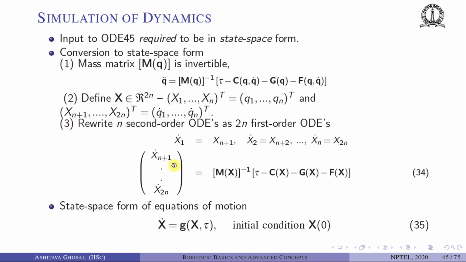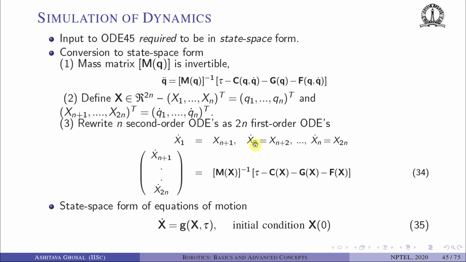So what do we have? We have x(n+1) dot all the way to x(2n) dot, which are nothing but the q double dots, M inverse times (tau minus C minus G minus F). We can substitute q and q dot as x in this, and we get this equation. So the equations we have are x1 dot is x(n+1), x2 dot is x(n+2), and so on, and x(n+1) dot to x(2n) dot are given by this.